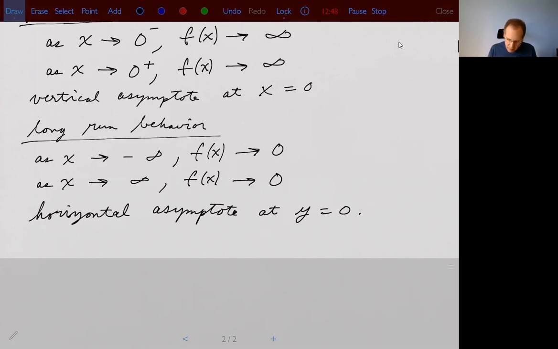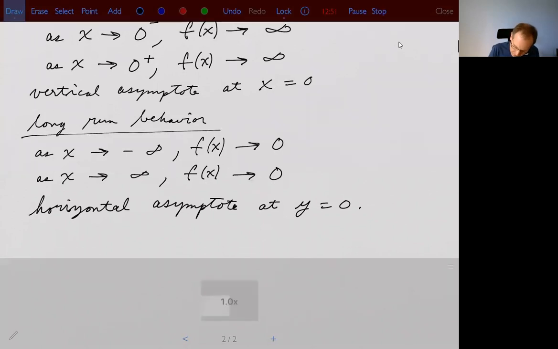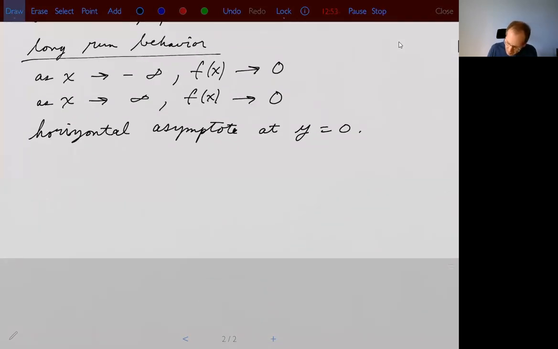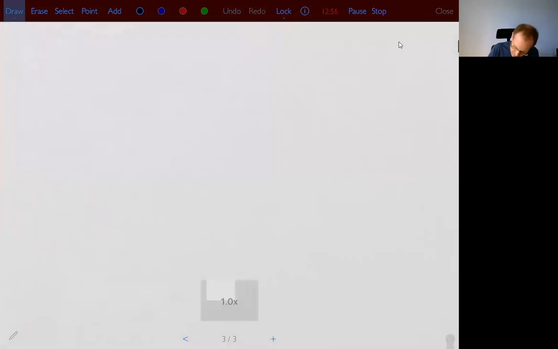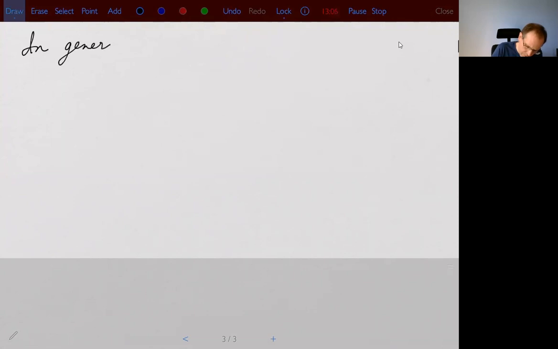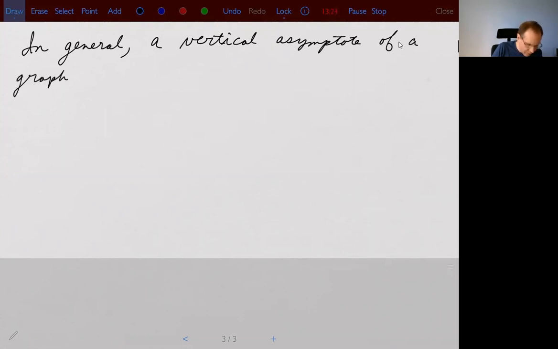Okay, so let me explain this in general. Actually, I'll do a new page here. So in general, a vertical asymptote of a graph is a vertical line.